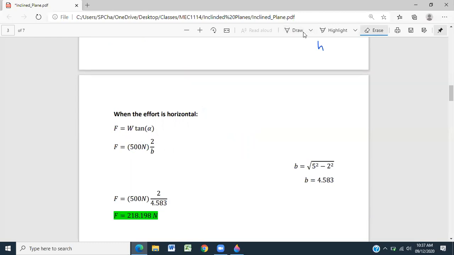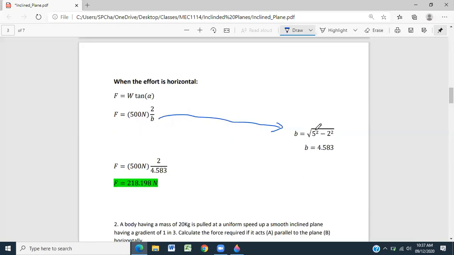So we solve for the base using Pythagoras' theorem. Hypotenuse is 5, so 5 squared minus 2 squared is 25 minus 4, and that's 21. The square root of 21 is 4.583. And you can double check this with your calculator.